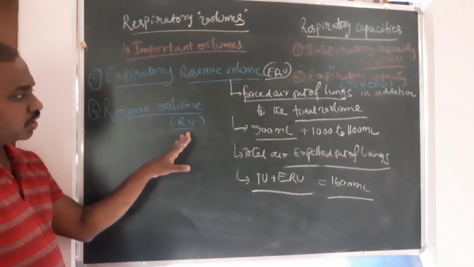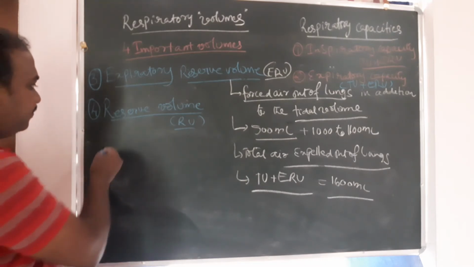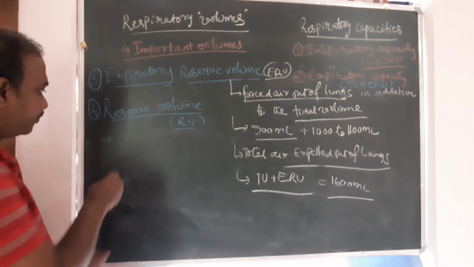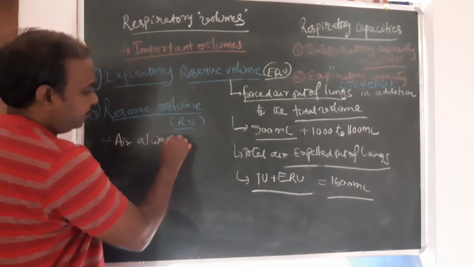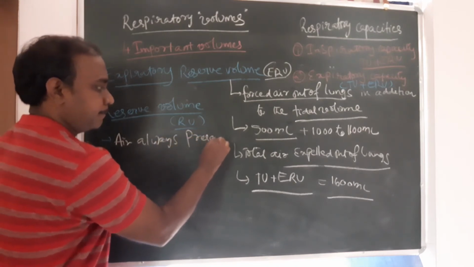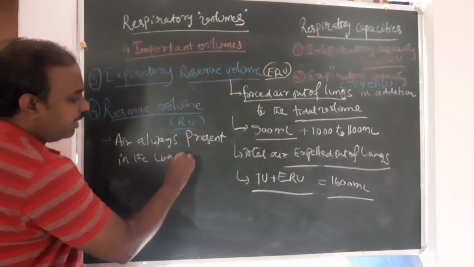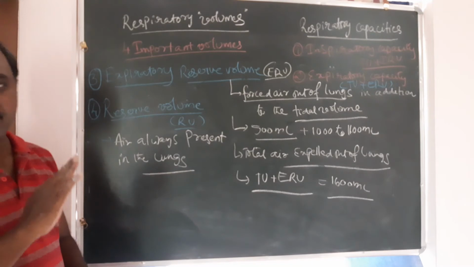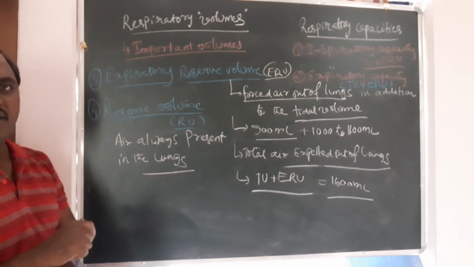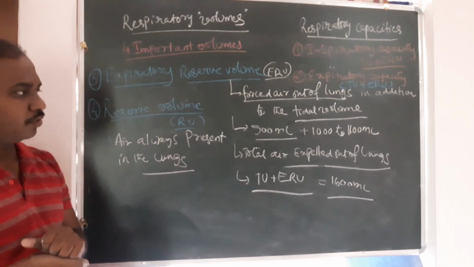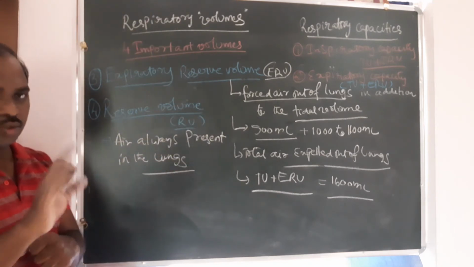This is the amount of air that is always present in the lungs. That means you can never empty your lungs completely, right? You cannot force out the air until your last ml of air. You cannot do that.